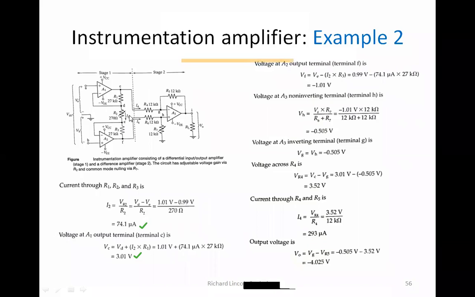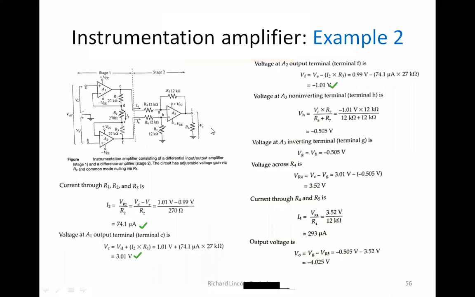So I'm going to have 0.99 minus 74.1 micro into 27K. So we should be getting about 1.01 minus 1.01. So once I calculate both of the output voltages at A1 and A2, right?